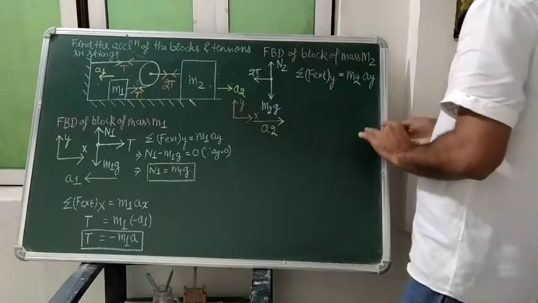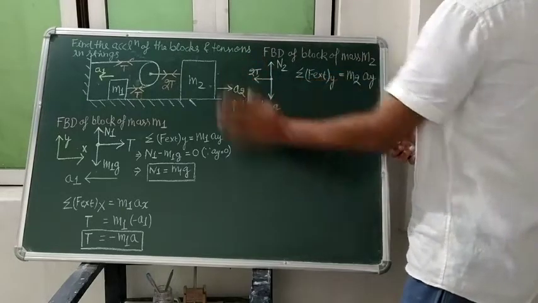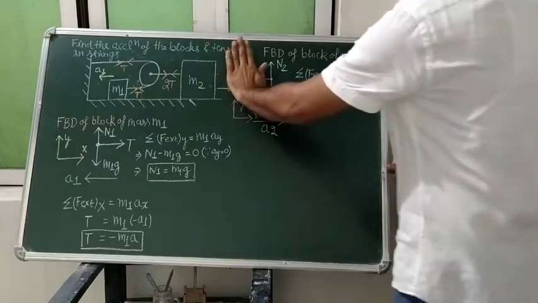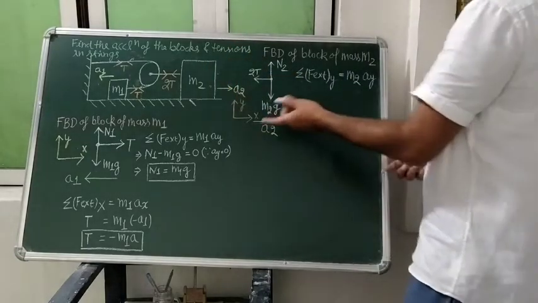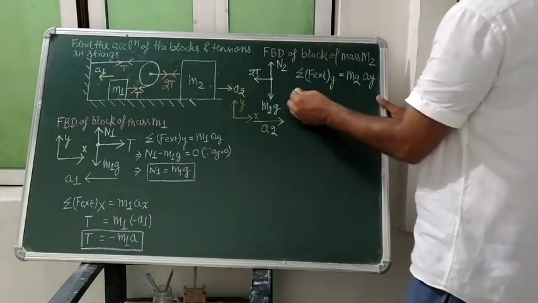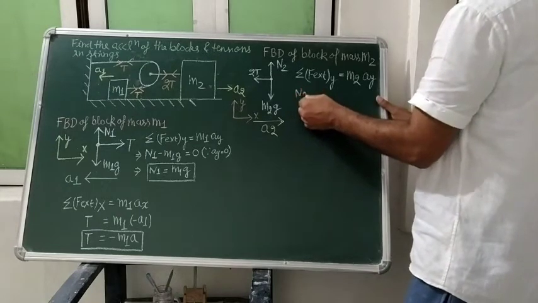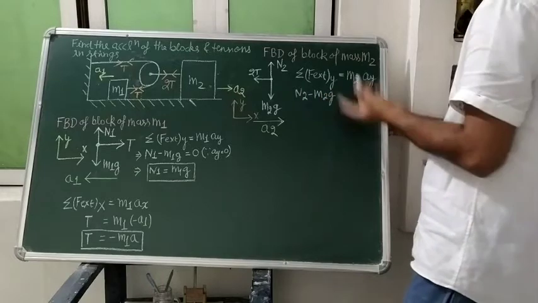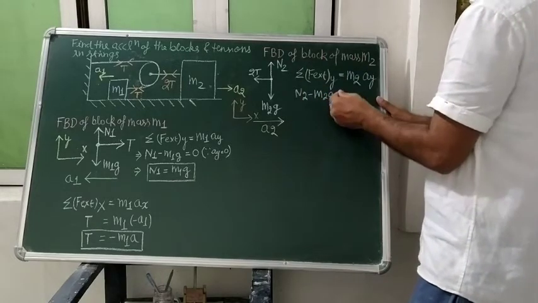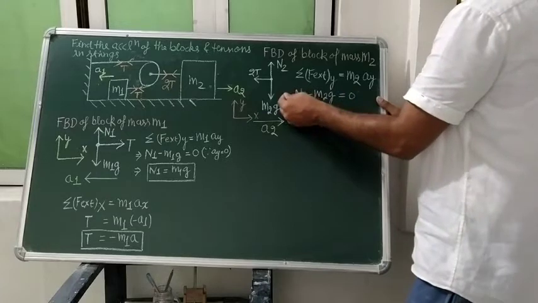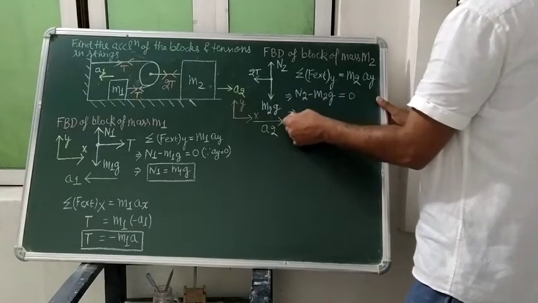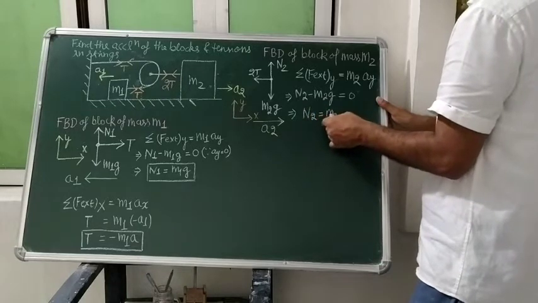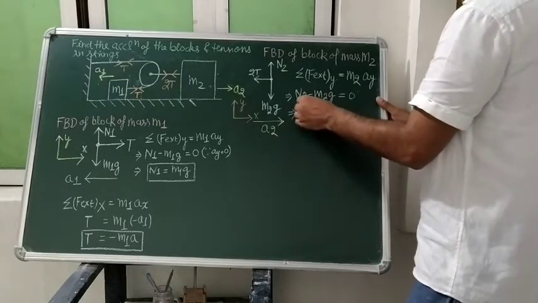The external forces acting in y direction are only this N and this m2g. And upside you have selected as positive, so it will become N2 minus m2g, and there is no acceleration in y direction, so it will be equal to 0. So from here what will you get? That N2 should be equal to m2 times g, is it?